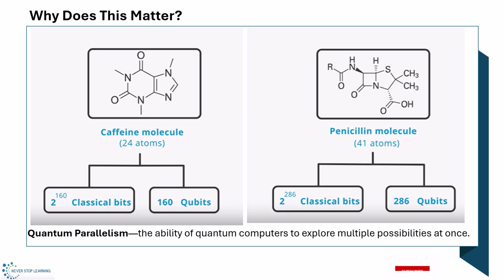Yet, a quantum computer could perform this task using only 286 qubits. This example highlights the extraordinary power of quantum parallelism, the ability of a quantum computer to explore multiple possibilities at once.